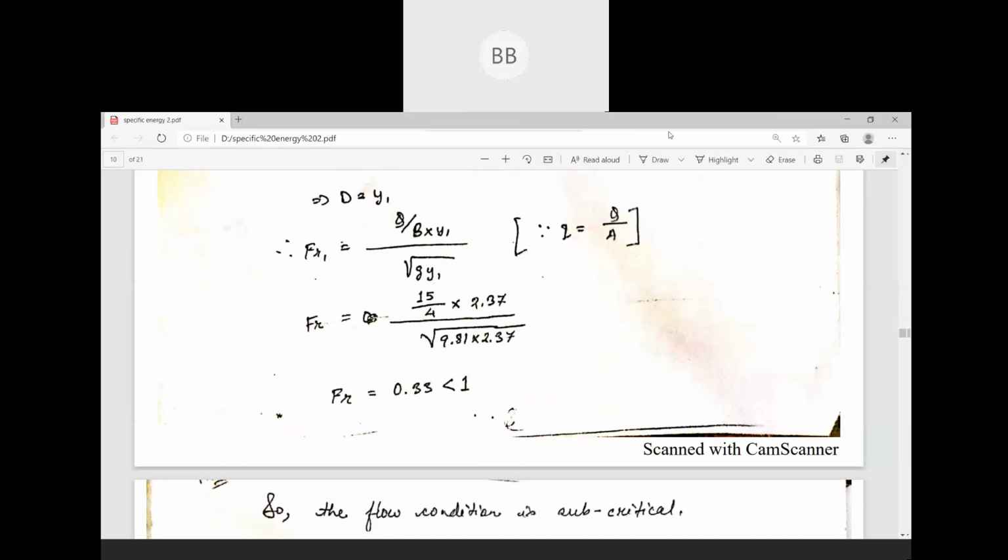For the depth of 2.37, which we can consider its y2 value because it is subcritical, the Froude number for this particular depth you are going to get is 0.33, which is less than 1. So you check and see if you are getting the same value or not.